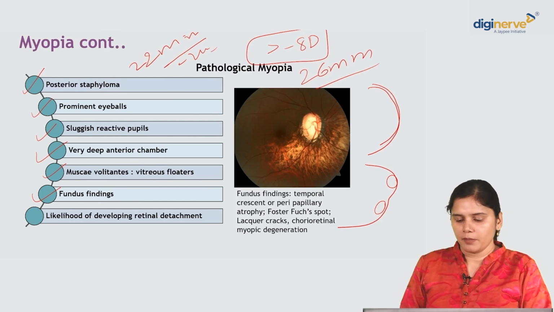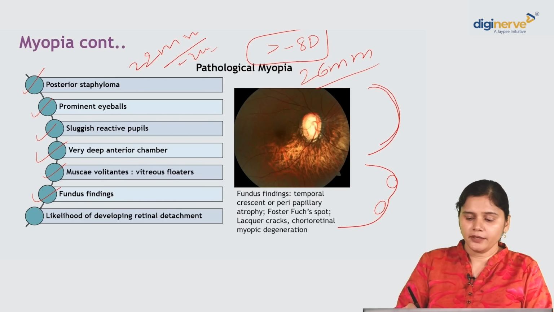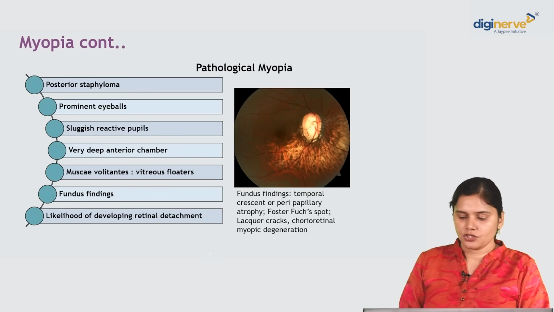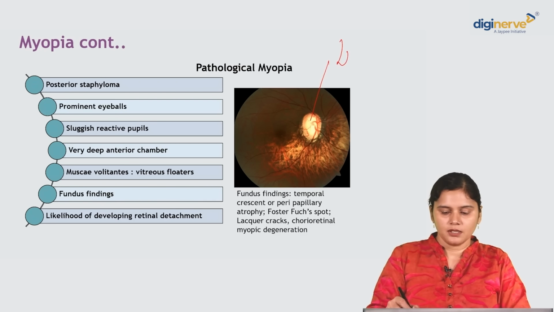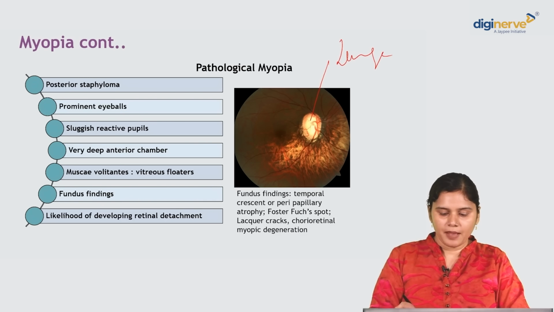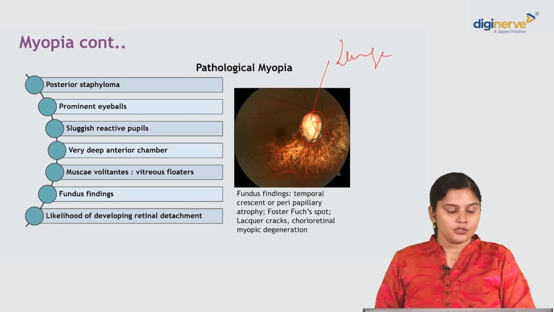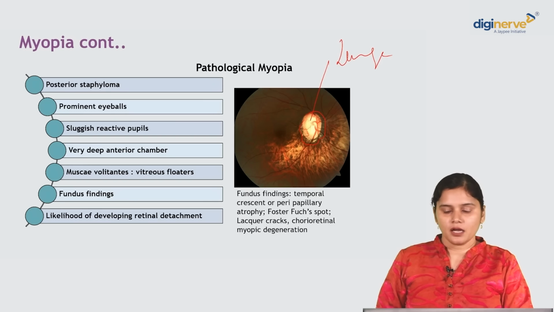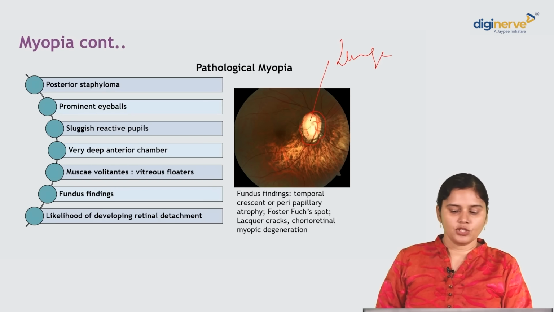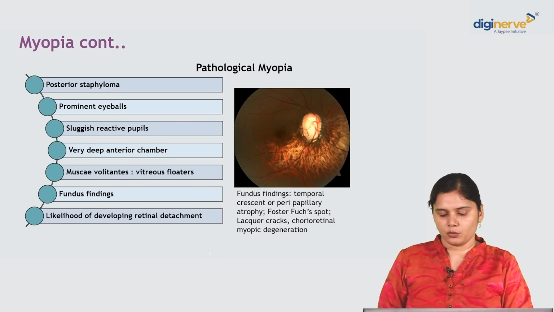That is why there might be a tilted or an abnormal looking disc. This is a very large optic nerve head, a very large disc, and there is a peripapillary atrophy which you are able to see outside of the disc. So the peripapillary atrophy and large or tilted discs are usually present with pathological myopia.